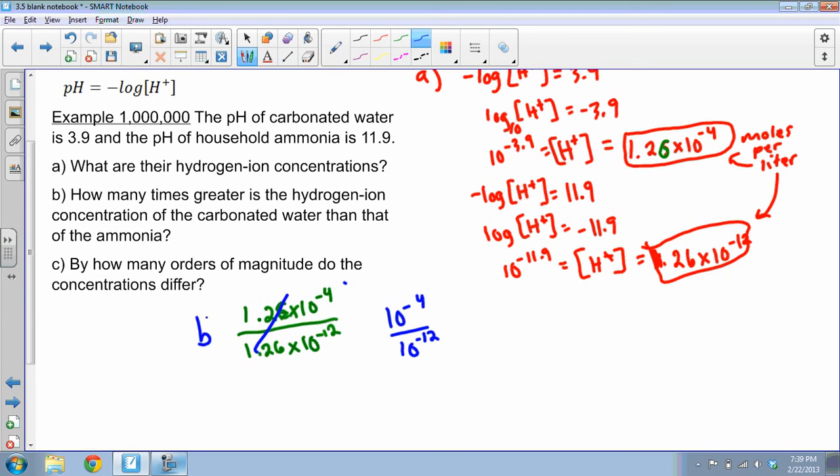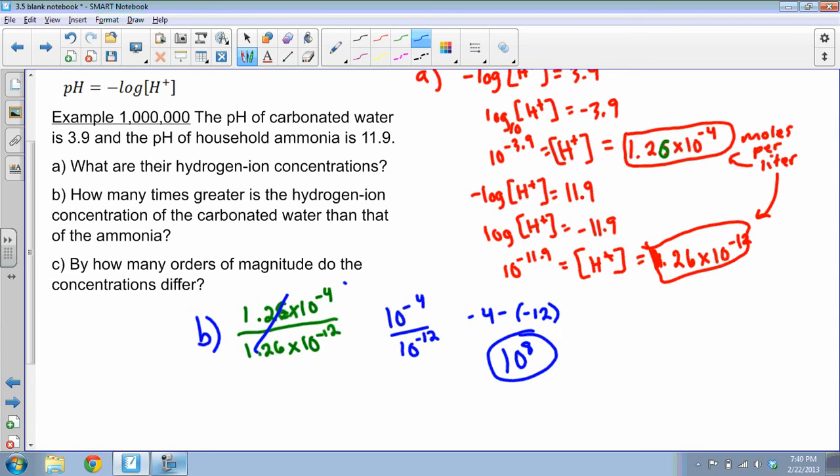which we can actually figure out without our calculator if we want to, because we subtract exponents to combine things when one's on top and one's on bottom. So that's negative 4 plus 12, which is 8, 10 to the 8. And so that's how many times greater the hydrogen ion concentration of the carbonated water is than that of the ammonia.